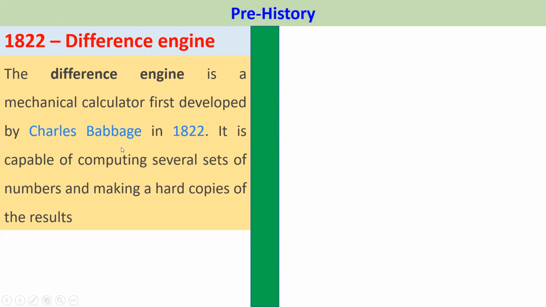Charles Babbage is still considered the father of the computer, because he gave the main points of the computers we are using today. He also developed another device in 1837 called the analytical engine. The analytical engine is the first machine to represent input-output operations. Input, process, output: that particular concept is found in this analytical engine. Before that, Charles Babbage first developed the difference engine. This also provides this concept.